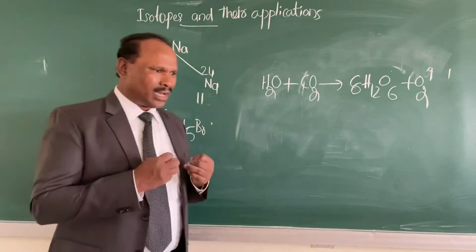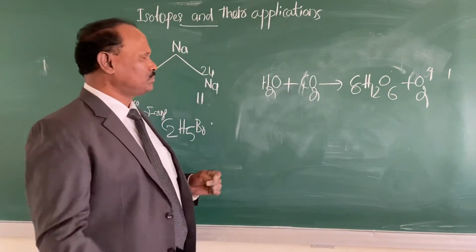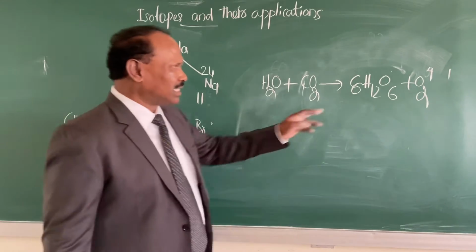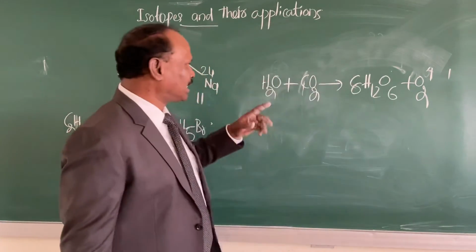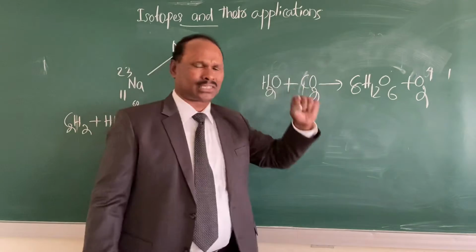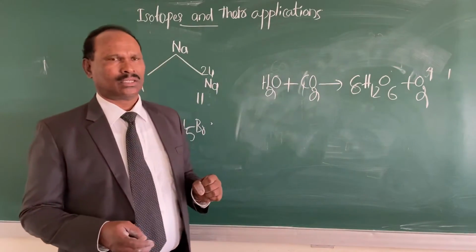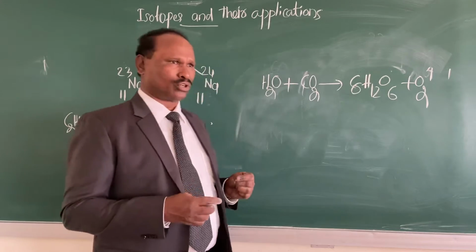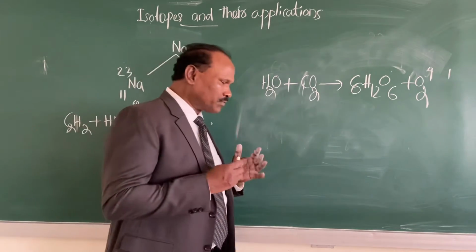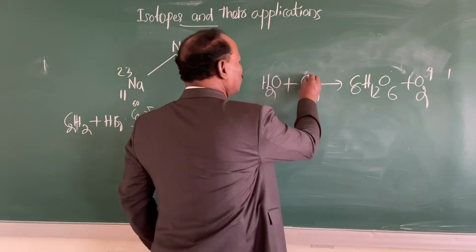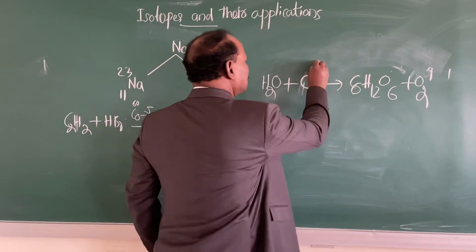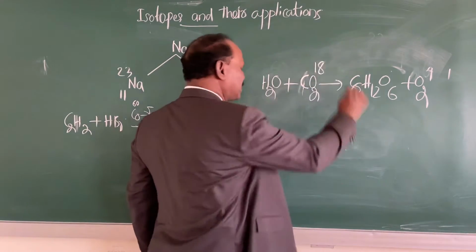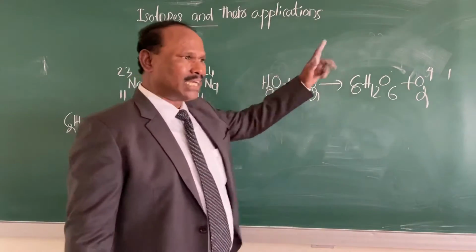Now, in the biological field, we will study whether this oxygen is liberated from water or carbon dioxide. To study that, we use the radioactive isotope. We use carbon dioxide in which the oxygen is the O18 isotope.